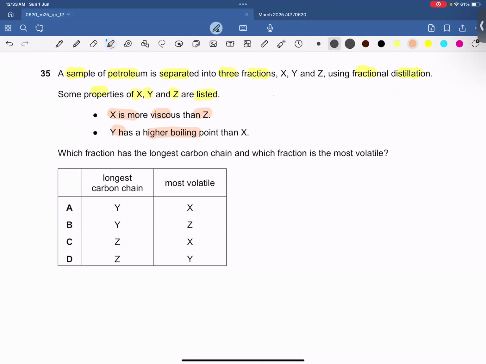Y has a higher boiling point than X. If Y has a higher boiling point, then Y has a long carbon chain. Because the longer the carbon chain, the higher the molecular mass, the higher the boiling point, okay?